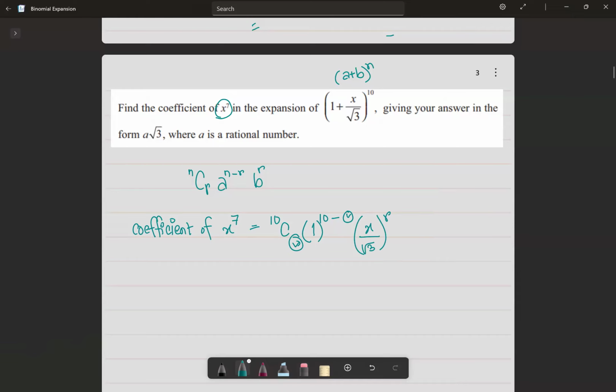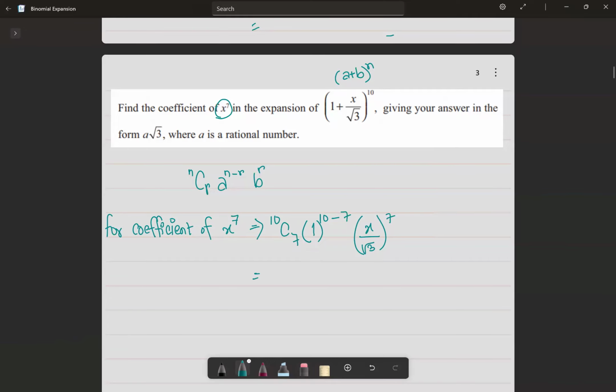Now we need x to the power 7 as the coefficient power. So definitely this should be 7, right? So we need to write 7 in place of r. 7, 7, and 7.